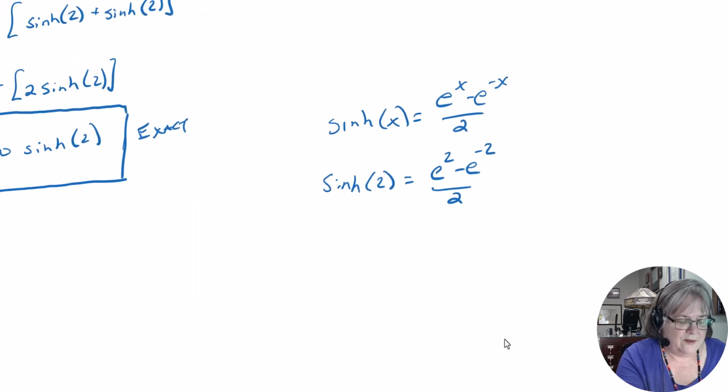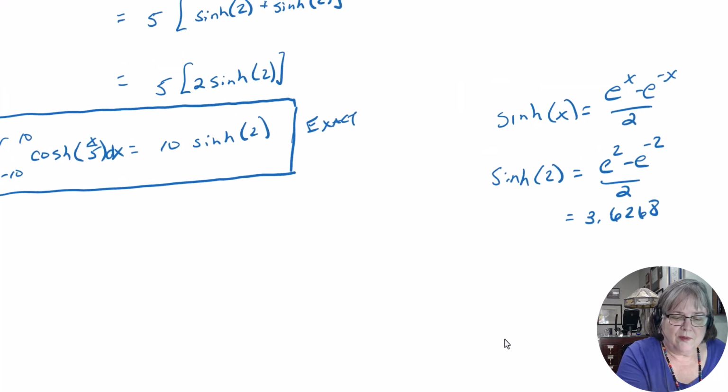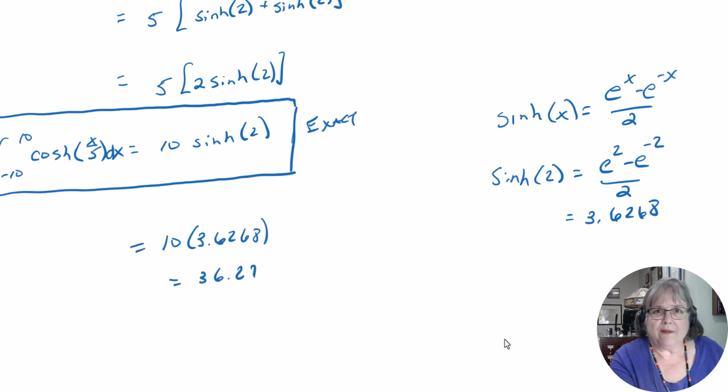And this turns out to be 3.6268. So you would have 10 times 3.6268. So that's give or take 36.27. Give or take. Okay? Now, so this is the end of the definite integrals.